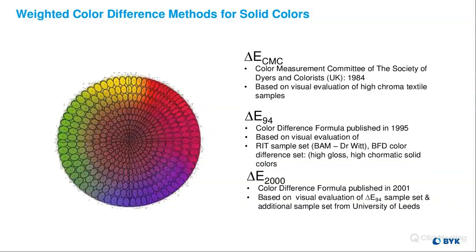And then Delta E94 was a revision of this Delta E CMC, and there were some more sample sets that they used with this. They also used high gloss and chromatic solids for this one. And then Delta E 2000 was published in 2001. This one is also based on the same sample sets as Delta E94 and then some additional sample sets. So there's some more information that you get depending on which equation you use.